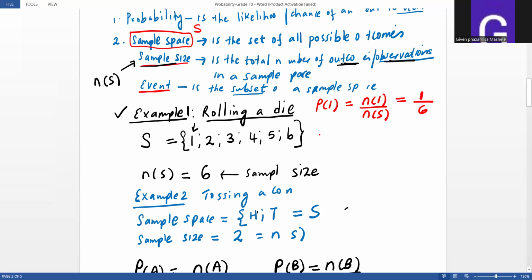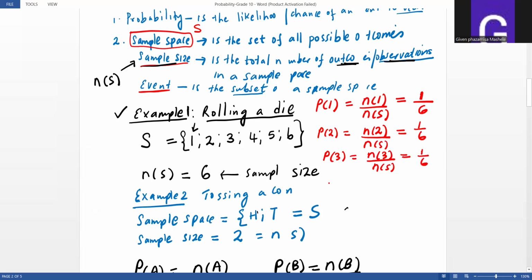And what is the probability of getting 2? It will be the number of favorable outcomes of event 2 divided by the sample size. How many 2's are in here? 1/6. What is the probability of landing on 3? The same applies: the number of outcomes of 3 divided by the sample size, which is 1/6.